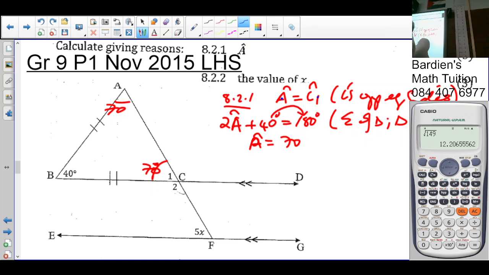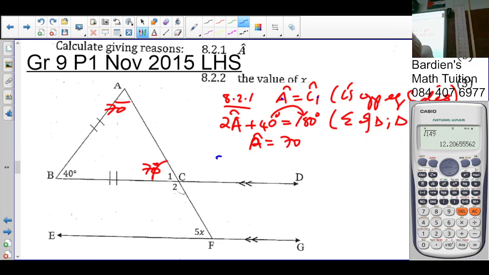But C1 is the same as A, that's why I say 2A. Understand? Or I could have called it 2C1. But because they asked me to solve for A, that's why I used A. If they had asked me to work on C1, I would have said twice C1. So it depends on what is asked.